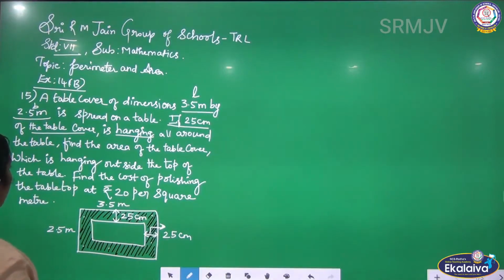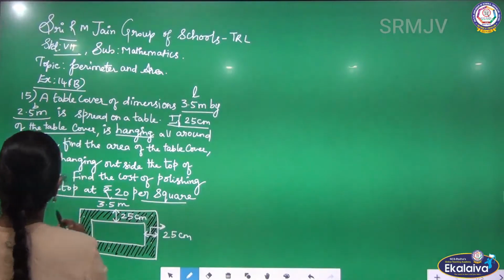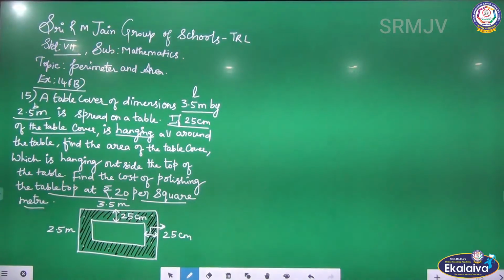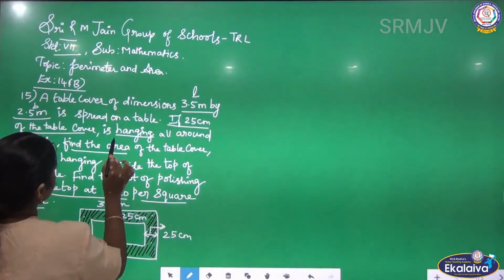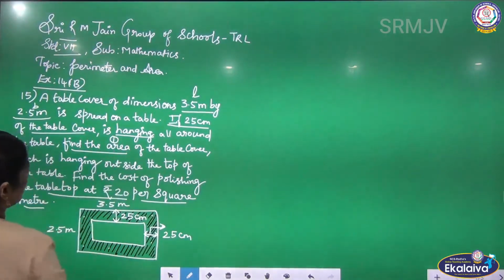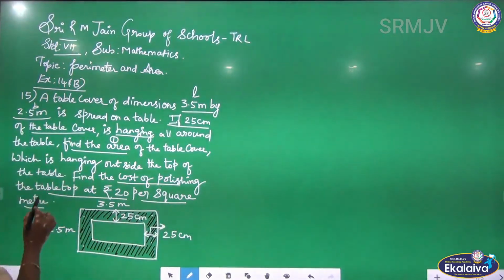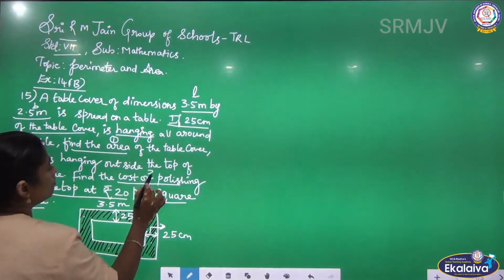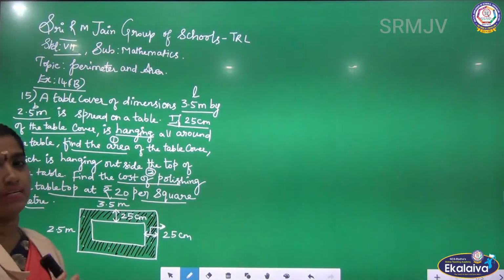I am going to find out the cost of polishing the table top at 20 per square meter. Can you clear? I am going to find out two things. The first one is the area, and the second one is the cost of polishing. So here I am going to do two steps, children.